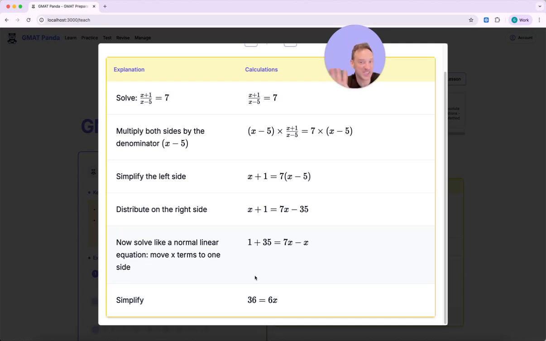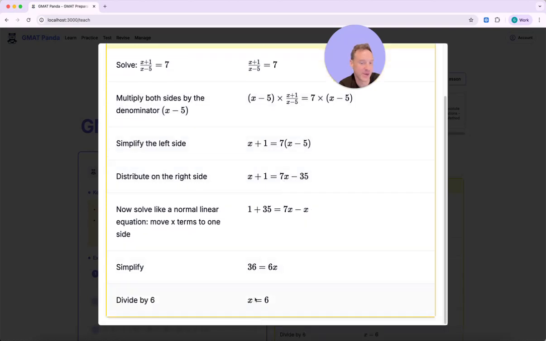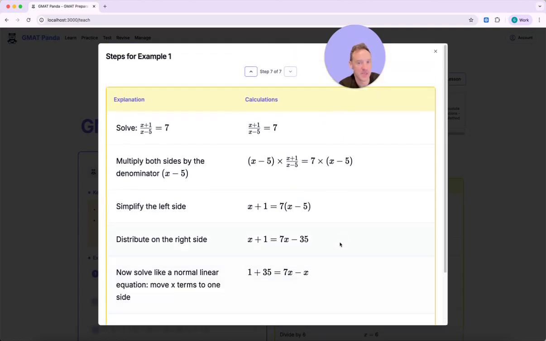It's just that it's easier to keep things positive, and then at this stage, we can just flip things round and then divide by 6 to get the result. Okay, so here, the new aspect was at the beginning when we have an unknown in the denominator of an equation. The first thing we want to do is we want to try and get rid of that denominator.